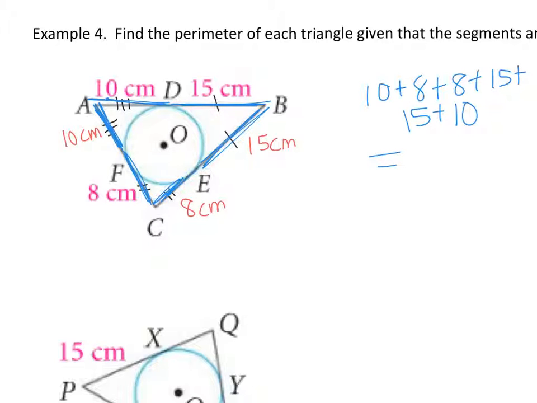We add that up and that's going to be my perimeter. So I have 20 plus 30 is 50, so it's 66 centimeters.